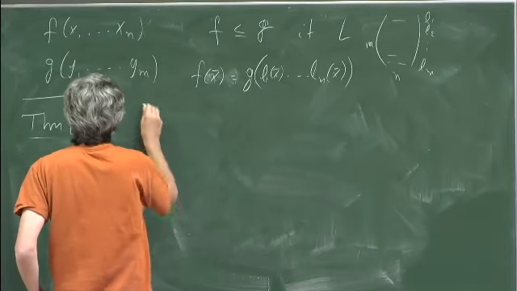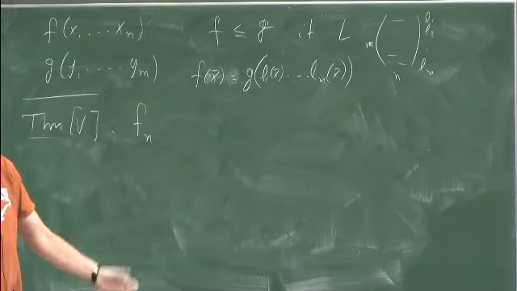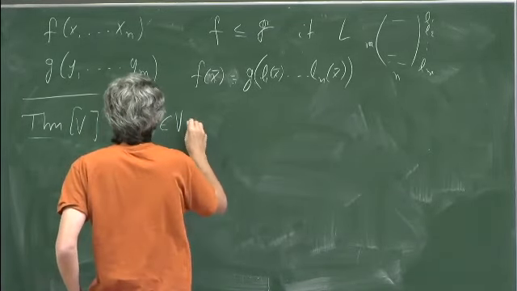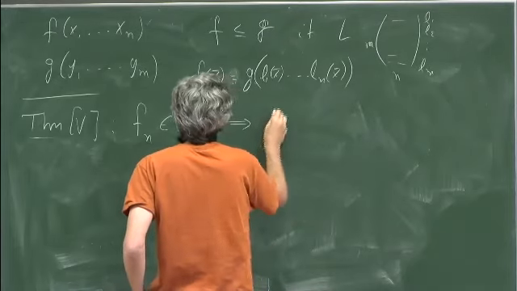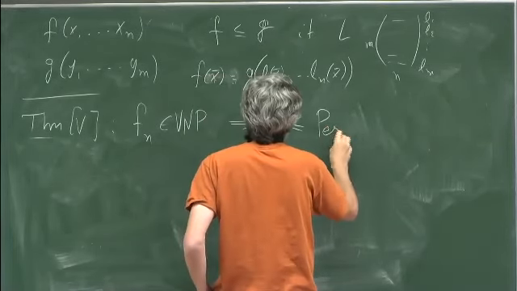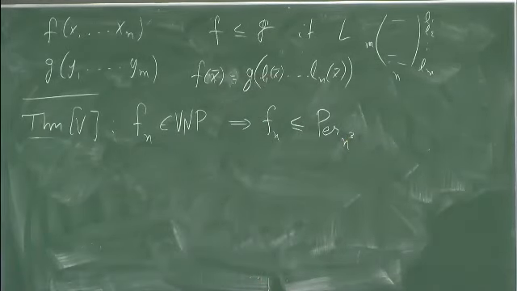If we have any polynomial f_n, with n variables and degree at most n, if f_n is in VNP, then f_n reduces to the permanent, maybe with, I don't know, n cubed variables. So if you could compute the permanent, then you can compute anything in VNP.